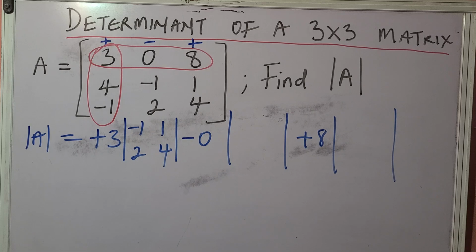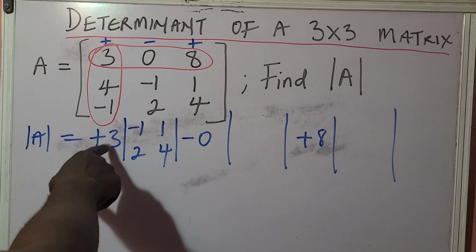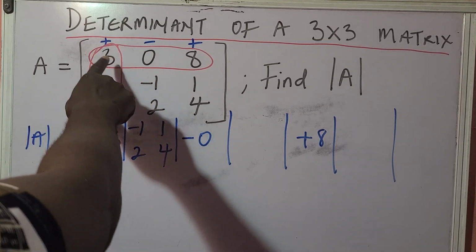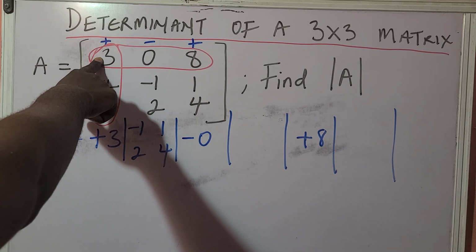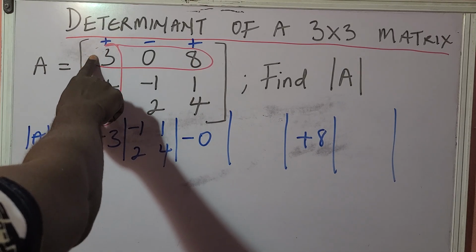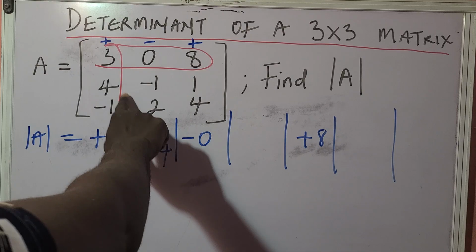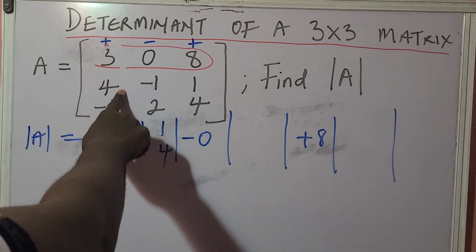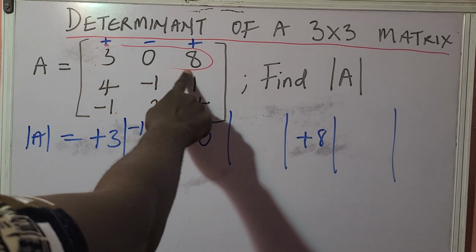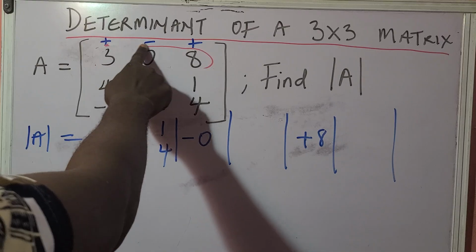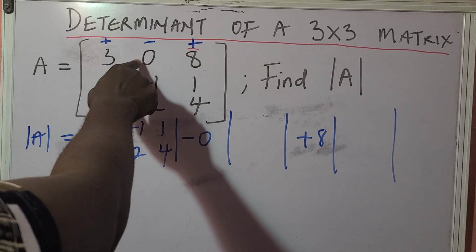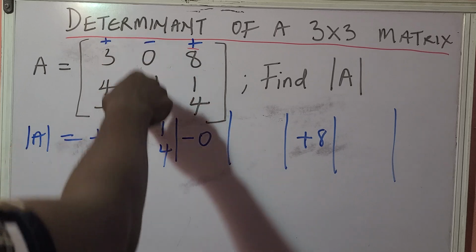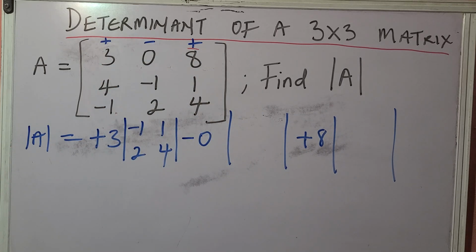So you can see how we did that. For plus 3, we shut off row 1, column 1 because 3 here is associated with row 1, column 1. Now the next thing we do is for the next one, which is 0. If you notice, 0 lies in row 1, column 2. So we're going to do the same thing.